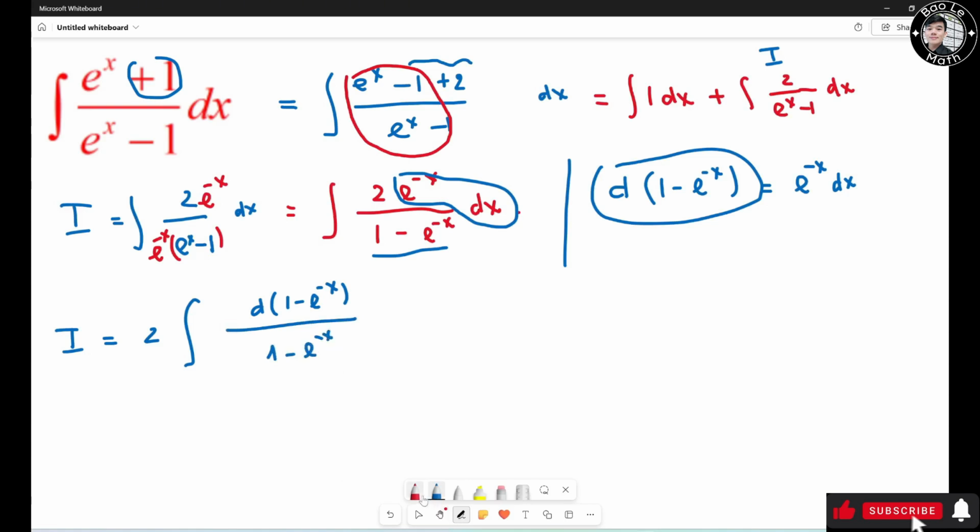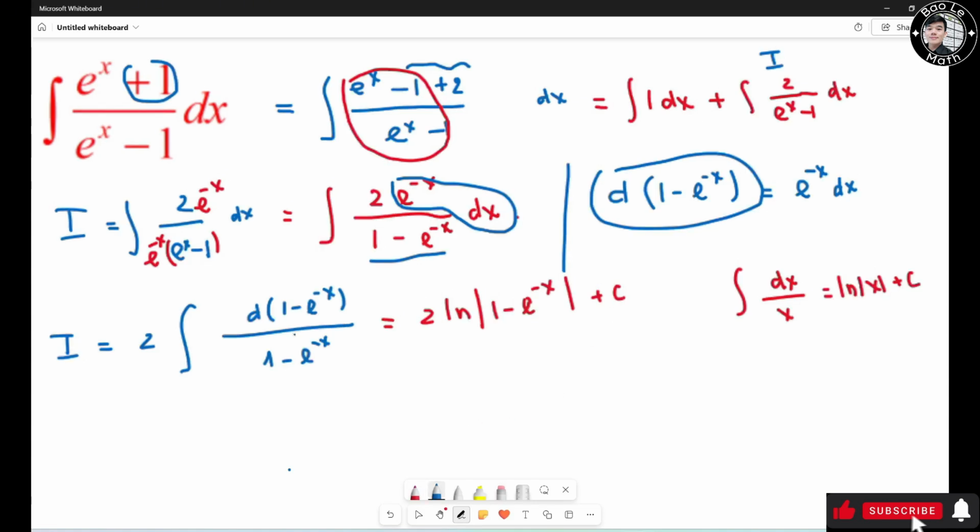Now I know that the integral of ds over s is natural log of absolute value of s plus c. So this becomes 2 times natural log of absolute value of 1 minus e to the negative s plus c. So the final answer is this at I.